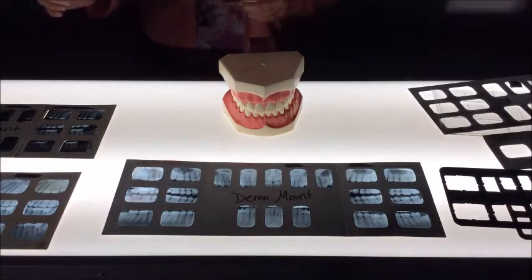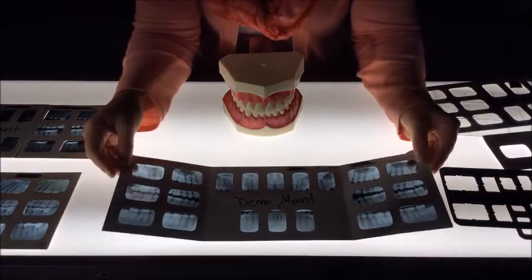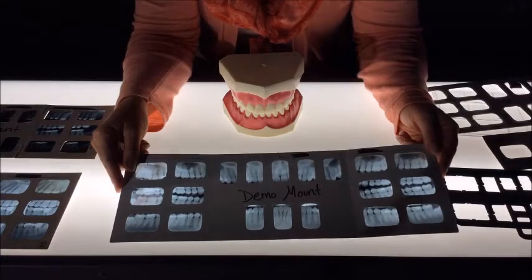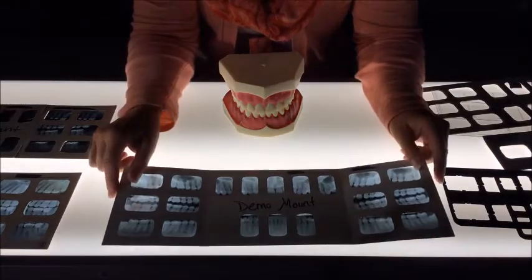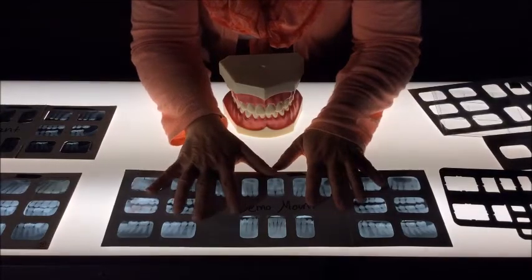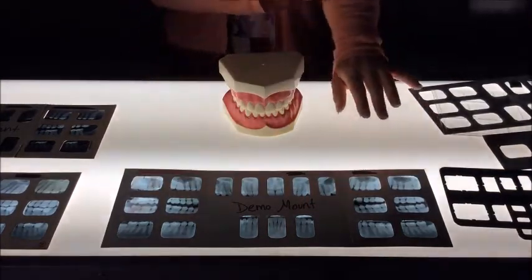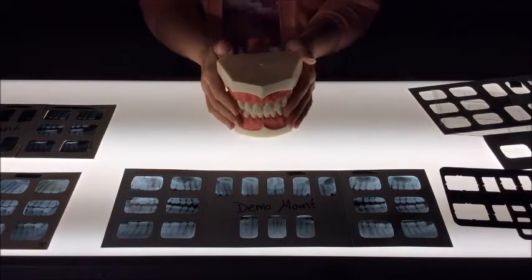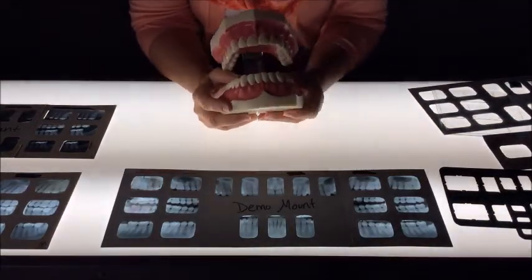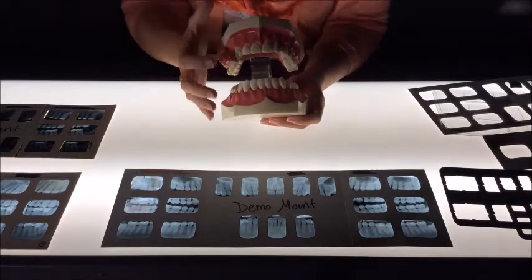When we look at films, conventional films, generally films appear as a black and white image. So an important aspect before we start film mounting is to have an understanding of the anatomical structures. And we're going to utilize this mouth model to review to where images would be mounted in a film mount.